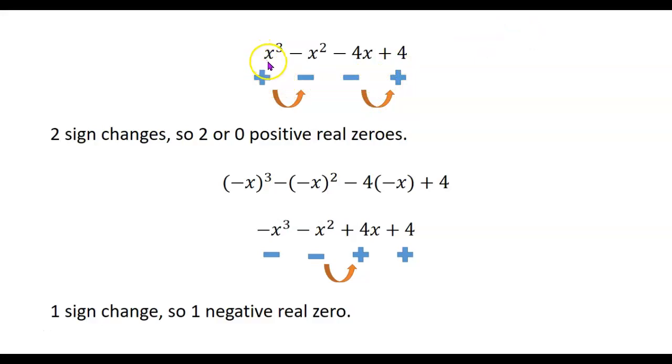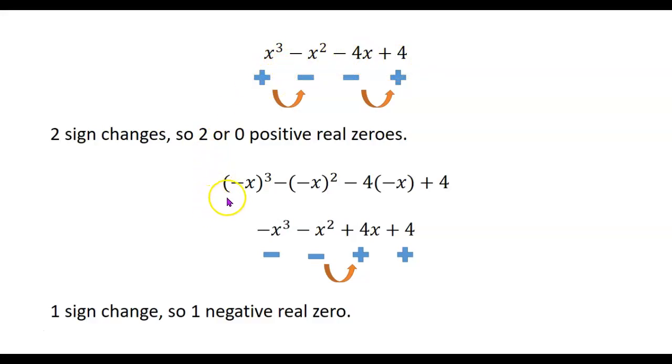So there were 2 times where the sign changed when we went from one term to the next. And that tells us that this polynomial had either 2 positive real zeros or none. So out of all 3 zeros, either 2 of them are positive real numbers or none of them are.